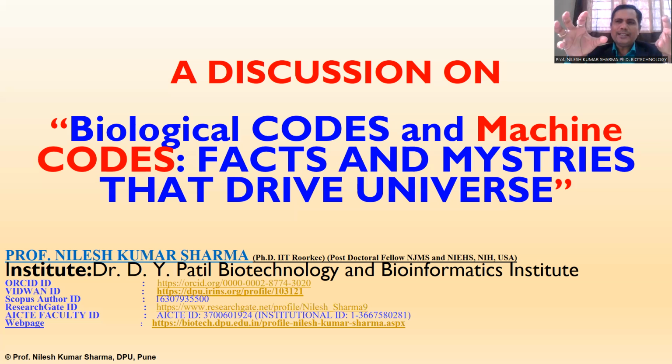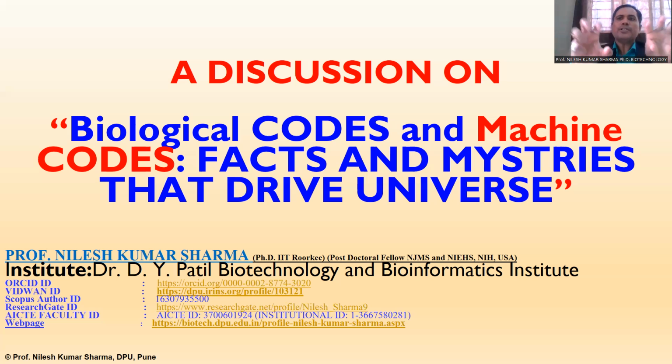So the whole point is the existence of biological codes and machine codes on this universe or on the earth, whether they drive everything, including animals, humans, bacteria, plants, or even artificial non-living systems.